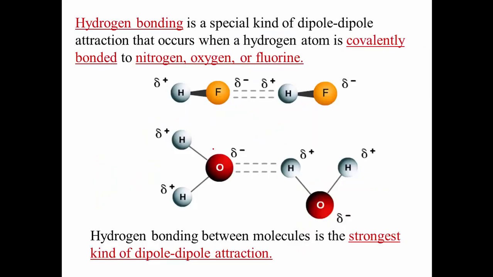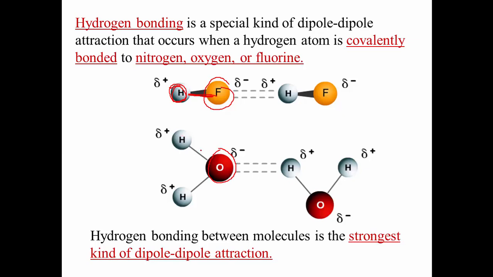Hydrogen bonding is a special kind of dipole-dipole. This occurs when you have hydrogen. So you have to have hydrogen within your molecule, and it has to be covalently bonded to either fluorine or nitrogen or oxygen.